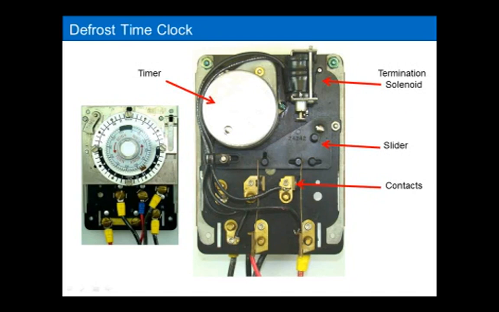So that's why they call it a termination solenoid. I energize this solenoid, and now I move the slider back to make the contacts for refrigeration and break them for defrost.